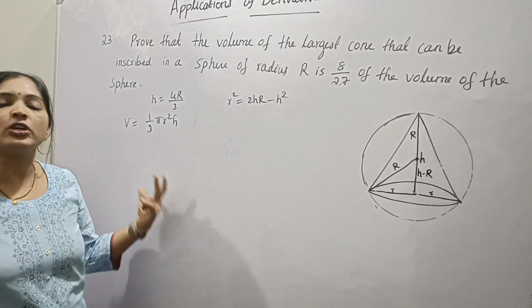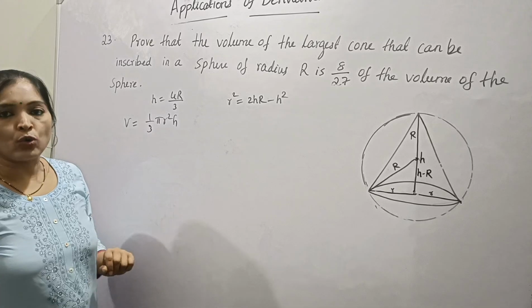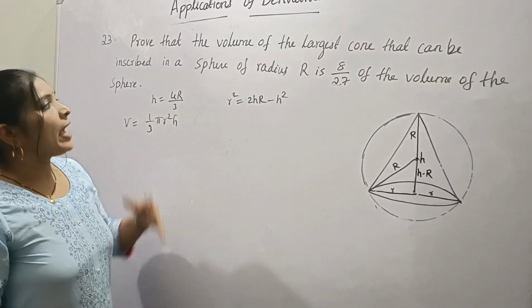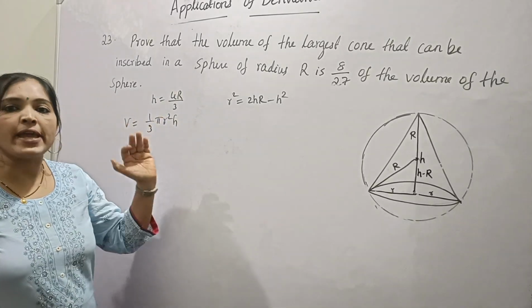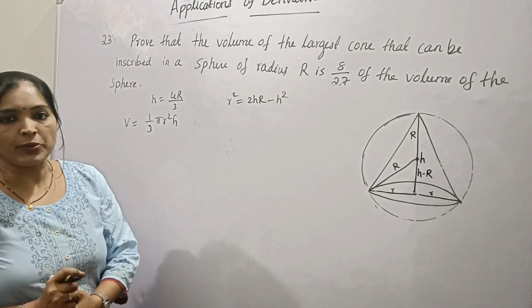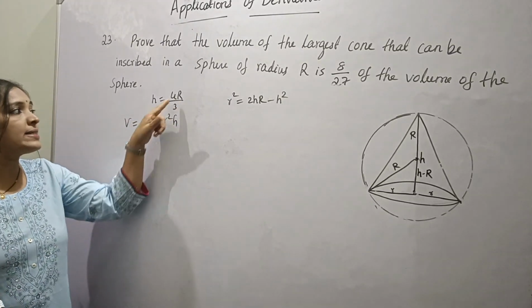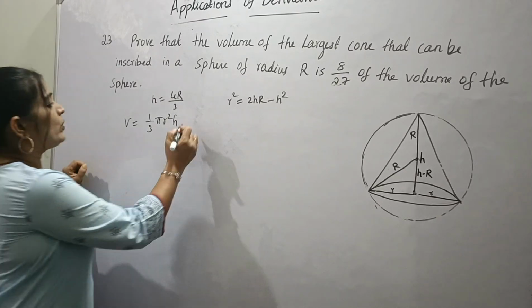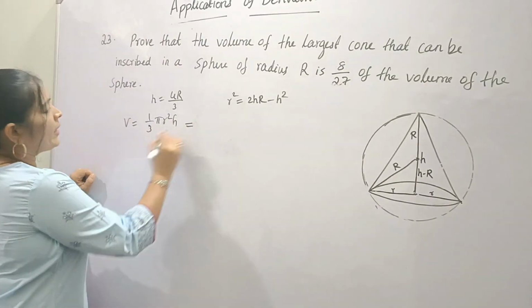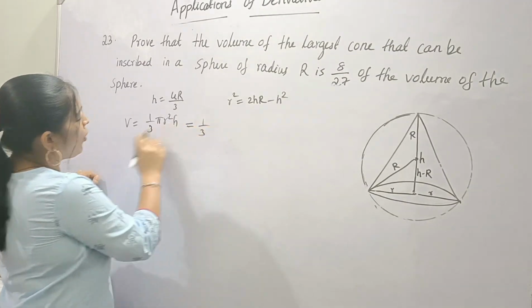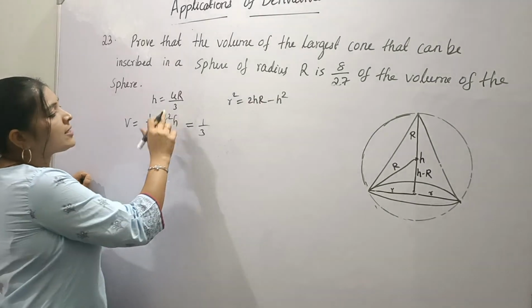That means the volume of the cone is maximum when h is equal to 4r by 3. So for that we have to find the volume of the cone when h is equal to 4r by 3. Now let's substitute h is equal to 4r by 3. The volume of the cone is 1 by 3 pi r square h.